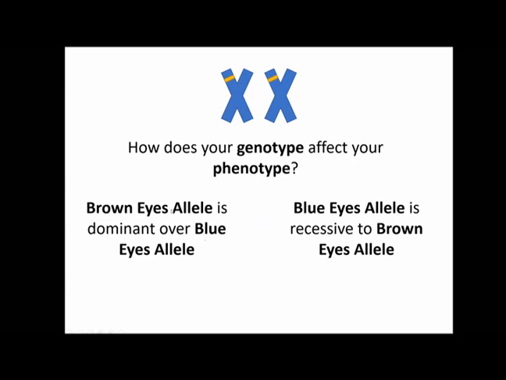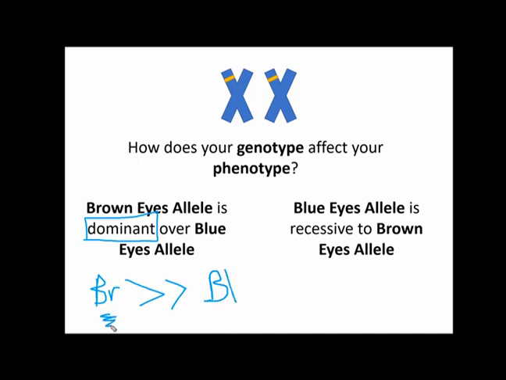And so when we're talking about that phenotype, when we're looking at what we're observing in the end, we can make some conclusions based on that pattern that we just saw. Because the brown pigment was stronger, we can say that the brown eyes allele, that wild type allele, is dominant over the blue eyes allele. So brown is stronger than blue.